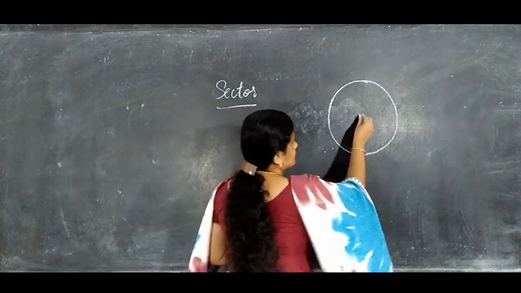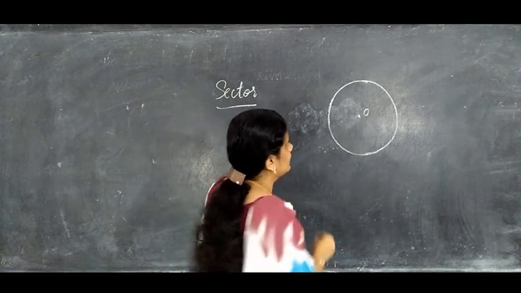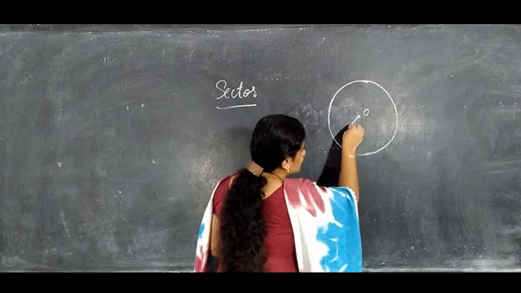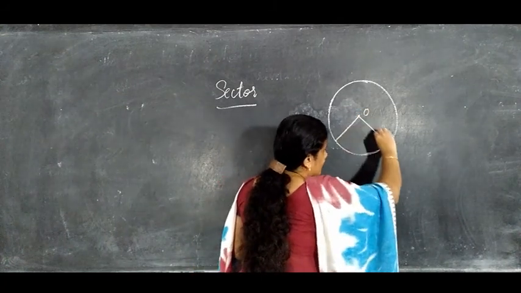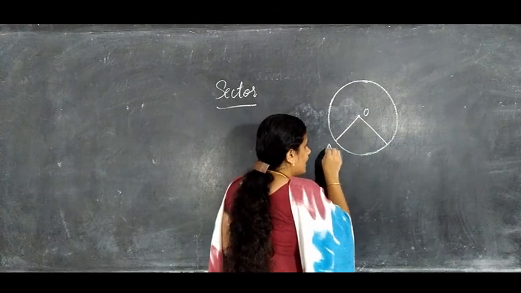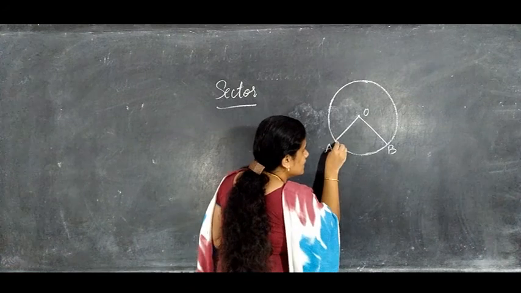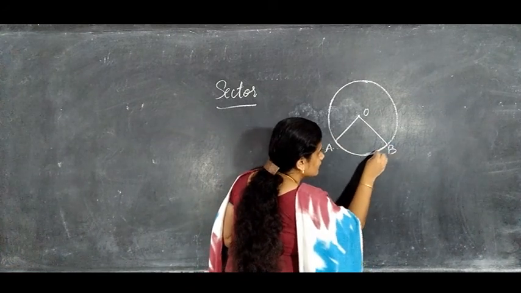Suppose this is a circle with center O. Now, if we draw two radii, this OA and OB are two radii and AB is the corresponding arc.